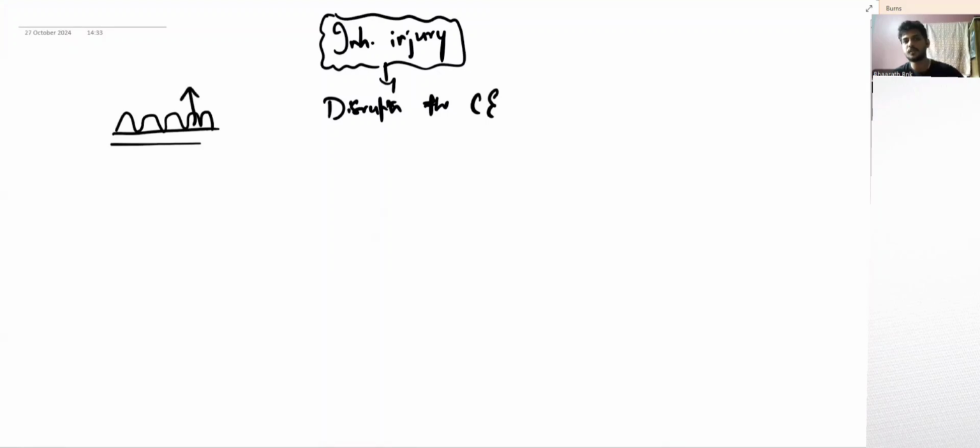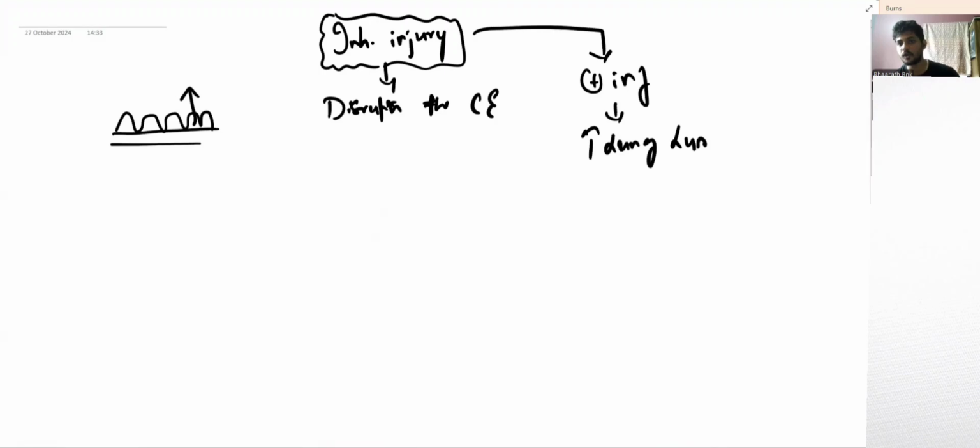So when there is disruption of this ciliary epithelium, along with that, the inhalational injury will elicit the inflammatory reaction, which will increase the lung lymph production. When the lung lymph production is increased, this will cause increased hydrostatic pressure in the lymph that will transudate the proteins. The proteins get extravasated.